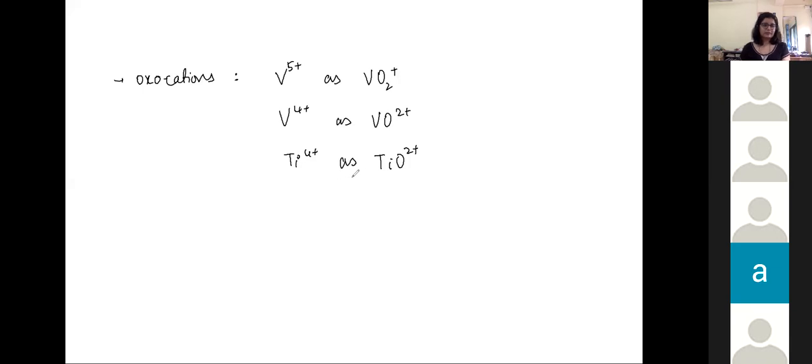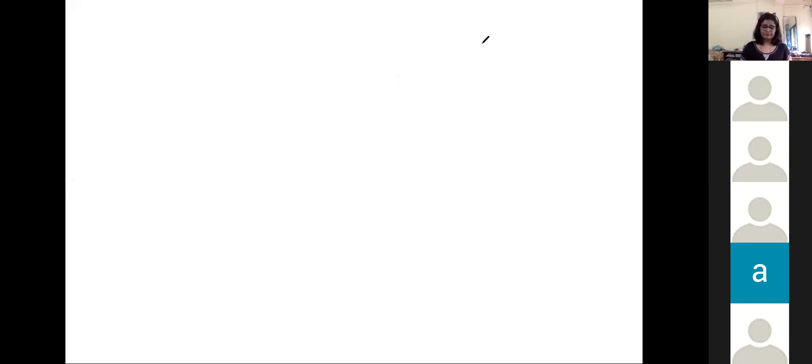Now these are oxocations. Now let's look at the oxides and oxoanions of transition metals. Transition elements do form oxides as well when they are burnt in air. Even if they are not burnt in air, you can see iron rusting happens; they do form oxides.